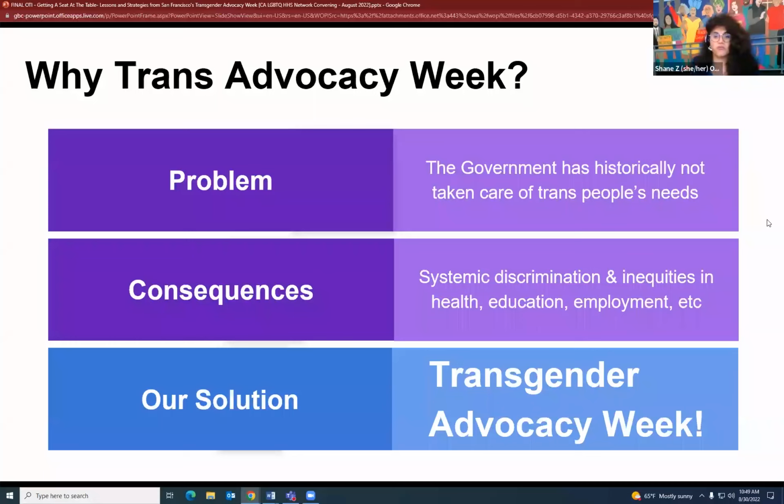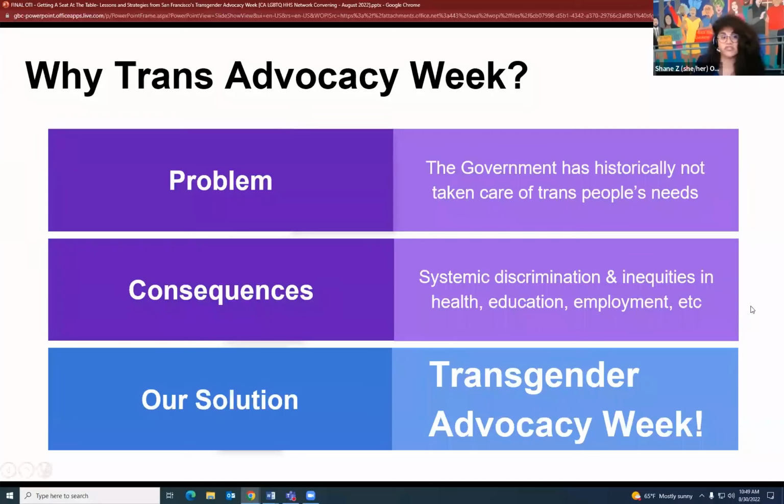Because we know that in the world we live in, the consequence of that essential problem is systemic discrimination, inequities, and different hardships that trans people experience daily, trying to access their basic needs. But we know even through data that trans people have a hard time navigating, and we wanted to lift up those voices and experiences in order to create change.